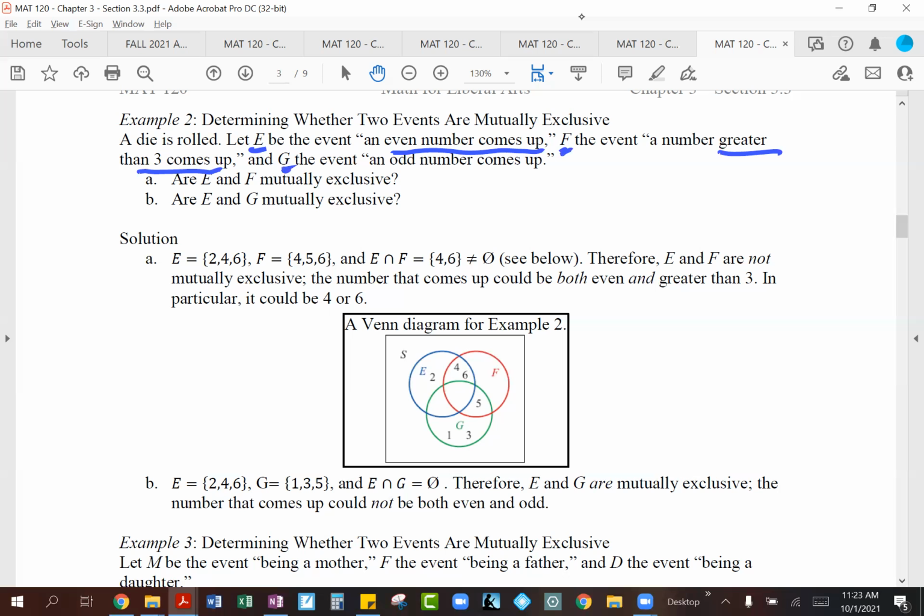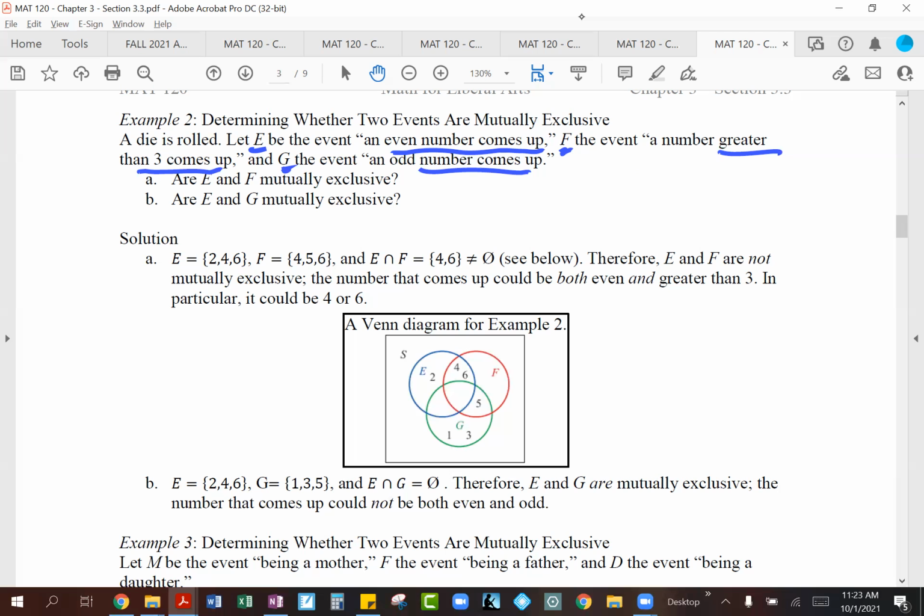And event G is defined as an odd number that comes up. If you look at all 3 of these events together, the center is going to be an empty set. Between 2 overlapping circles, you might have something in common, but all 3 of the circles don't have anything in common. So as far as all 3 circles together are concerned, they are mutually exclusive.